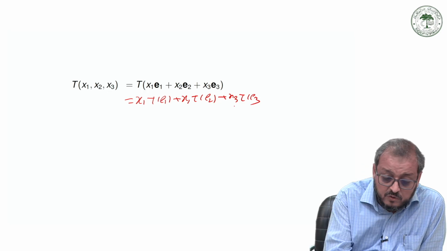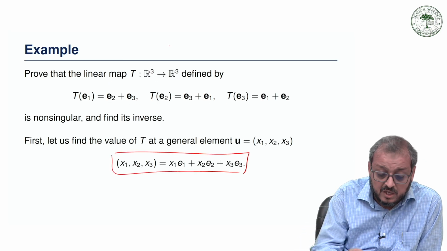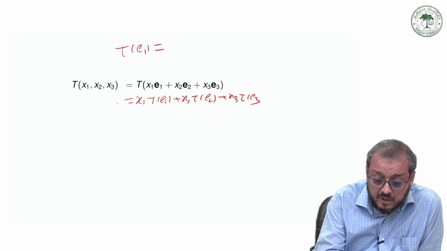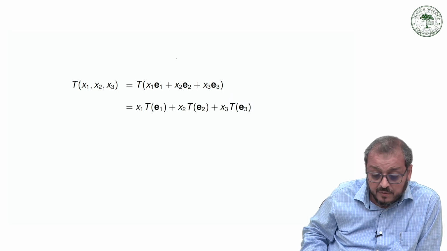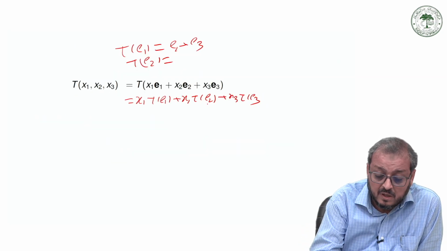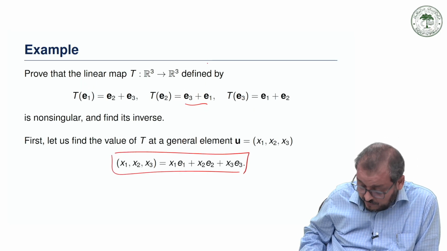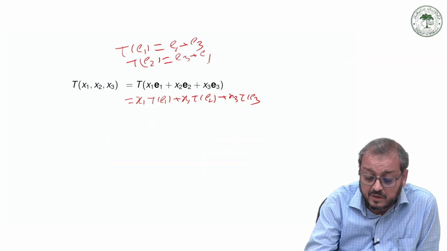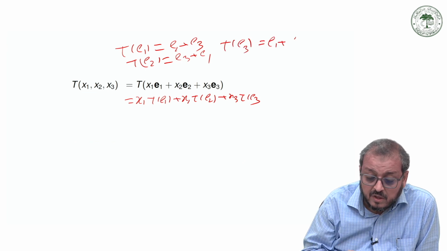this can be x1 T of E1, x2 T of E2, x3 T of E3. Now T of E1 is E2 plus E3, T of E2 is E3 plus E1, and T of E3 is E1 plus E2.